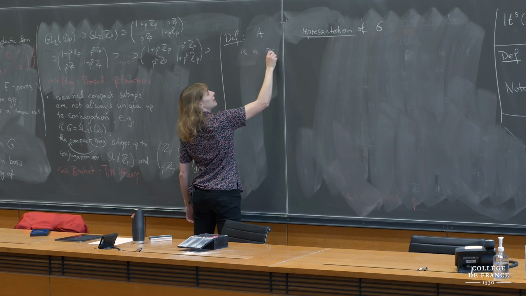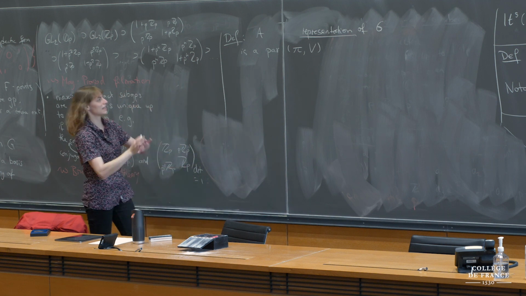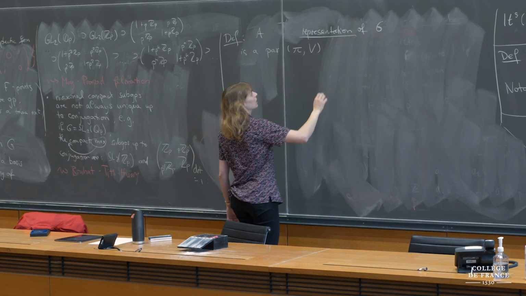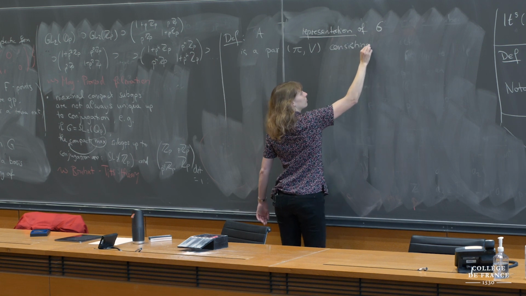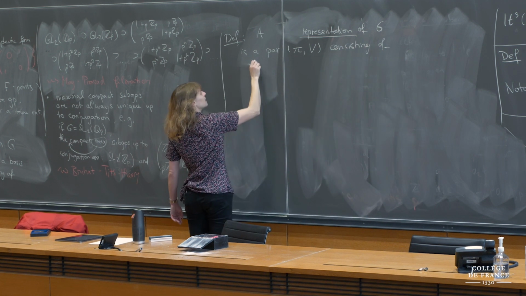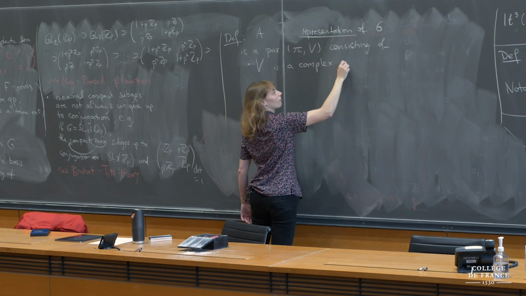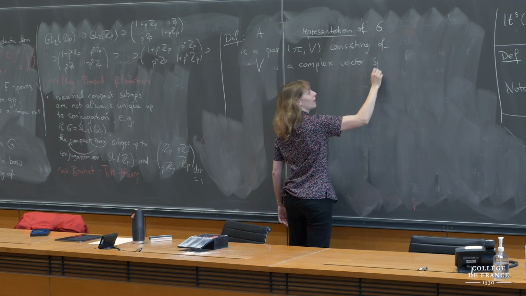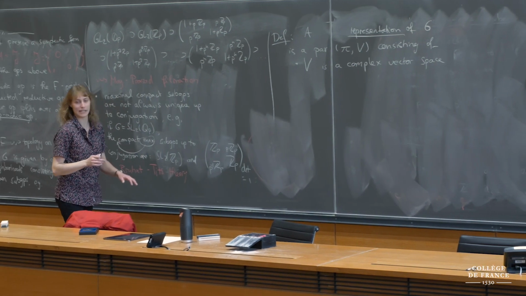A representation of G is a pair, which is often written as (pi, V), and I might drop pi or V sometimes and just write one of the two, consisting of, well, what is V? V is a complex vector space. And in math, you can always vary all the things that appear in statements.